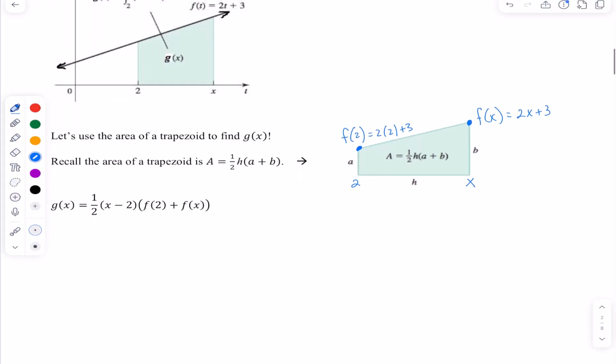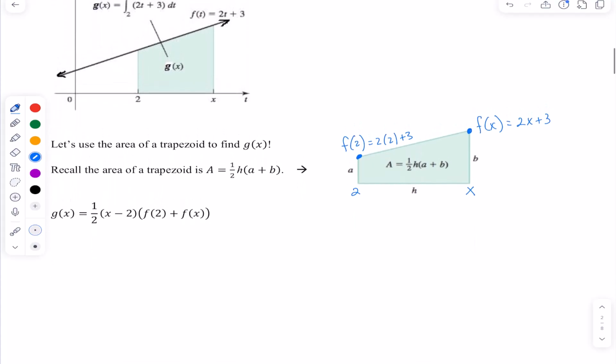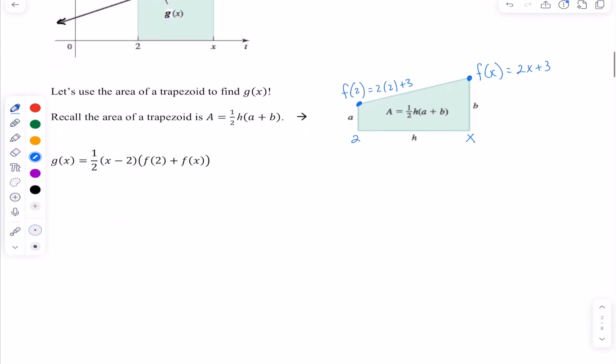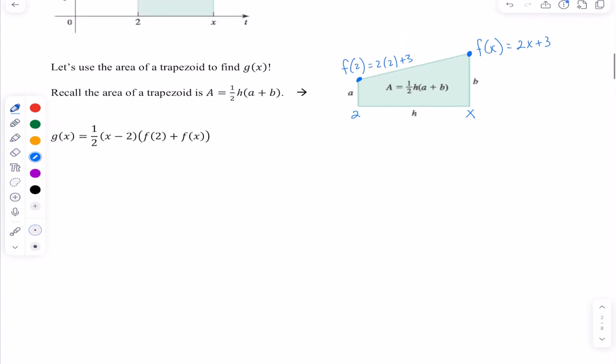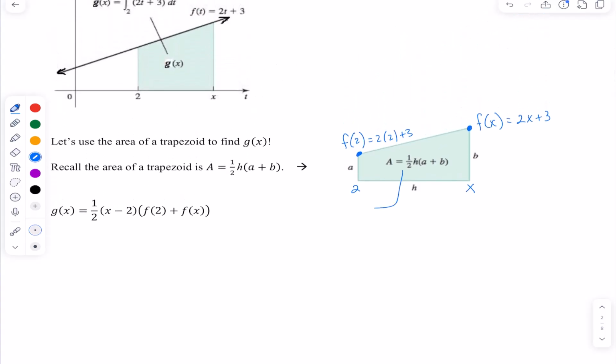Why don't we simplify g of x now? And notice g of x here is a quadratic.